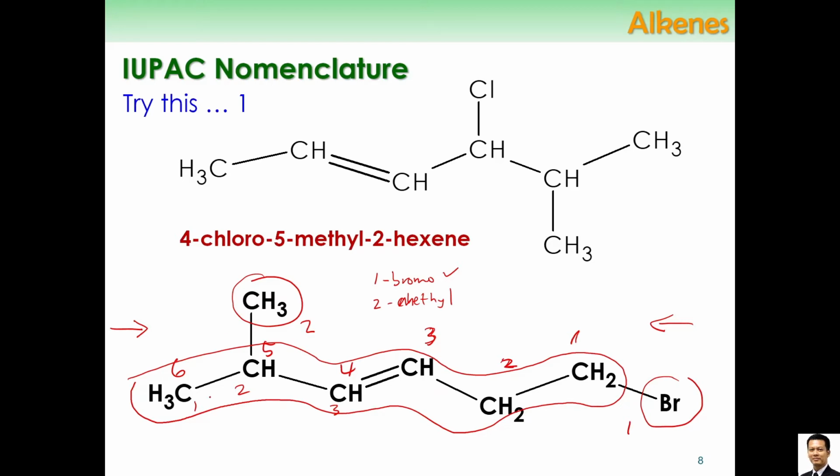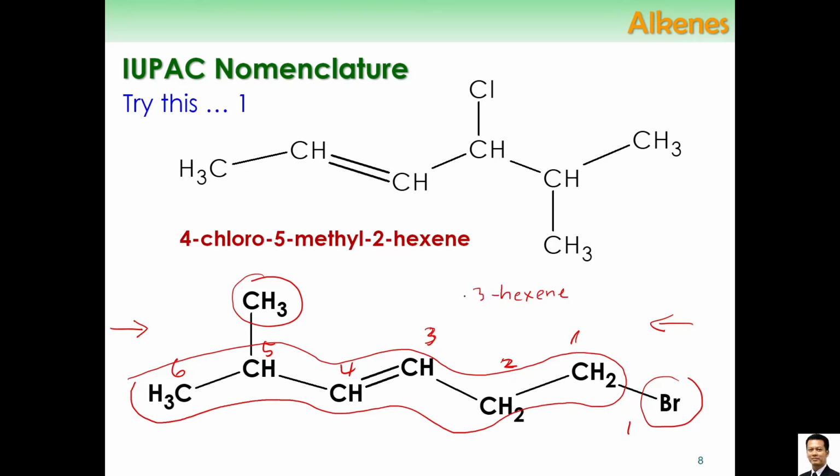Okay, so I will erase everything else. We are not going to use that numbering anymore. So this is still hexene. Where is the position of the double bond? 1, 2, 3. So at carbon number 3.